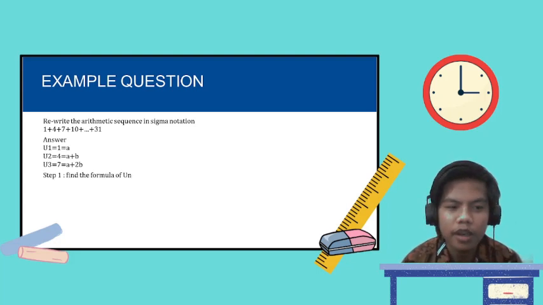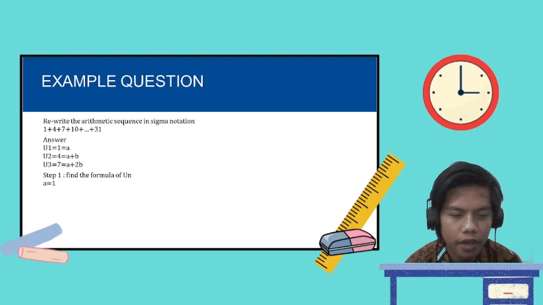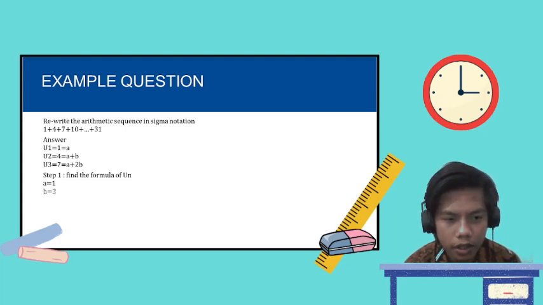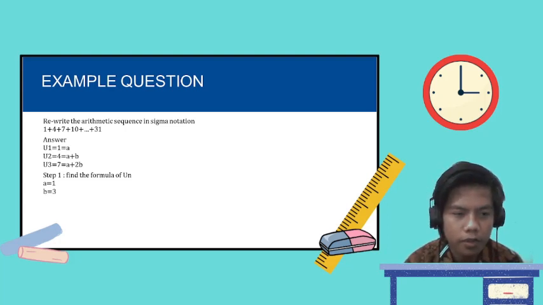Okay, step 1. We must find the formula of Un. We have A is 1 and B is 3, from U2 minus U1.